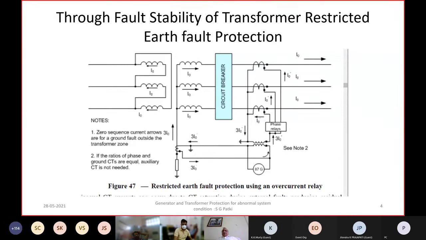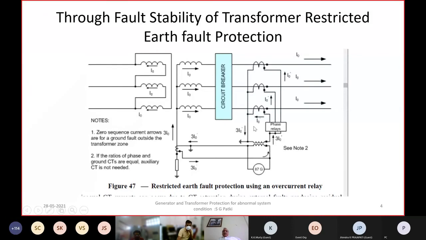Whereas if you go for low impedance scheme, which is a percentage bias scheme, the CT requirement in terms of transient performance, knee point voltage, as well as ratio matching is not so critical.